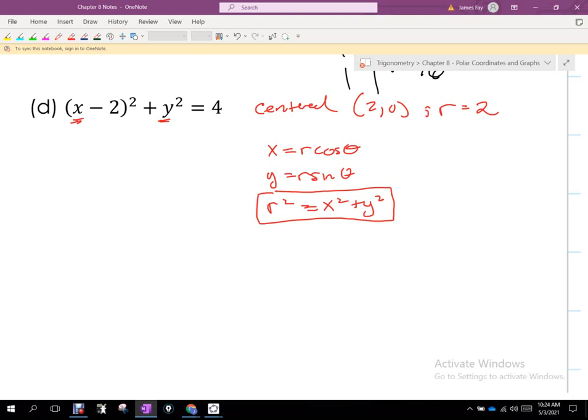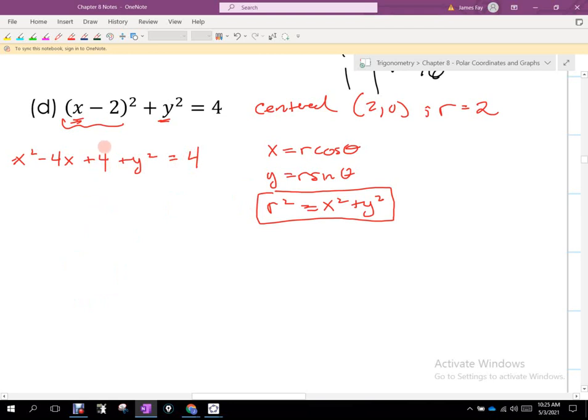I think it's more work. What I like to do is just expand this first, because I know I want to use this, so let's get an x squared plus y squared to be present. So when I expand this, I get x squared minus 4x plus 4 plus y squared equals 4, right? You guys agree with that?